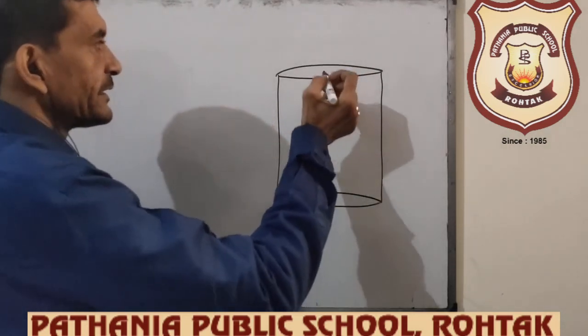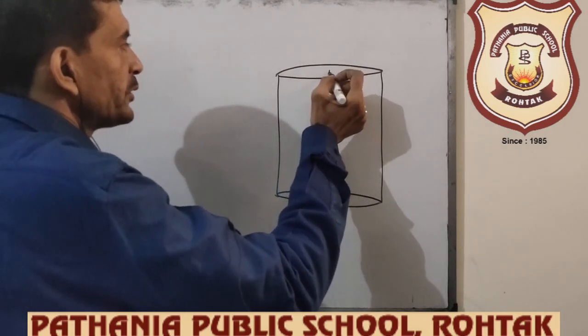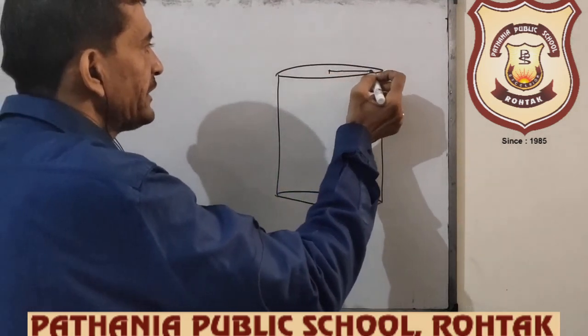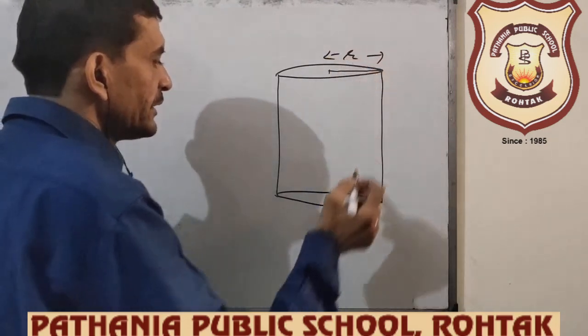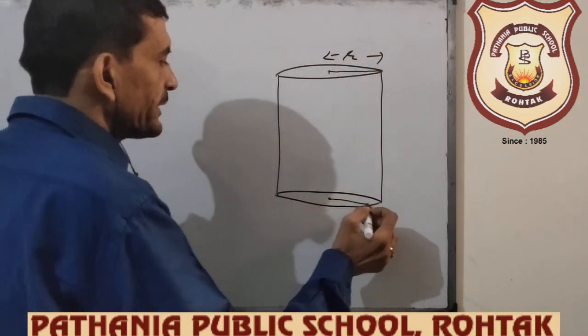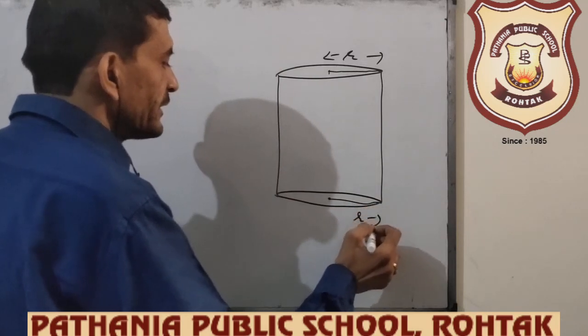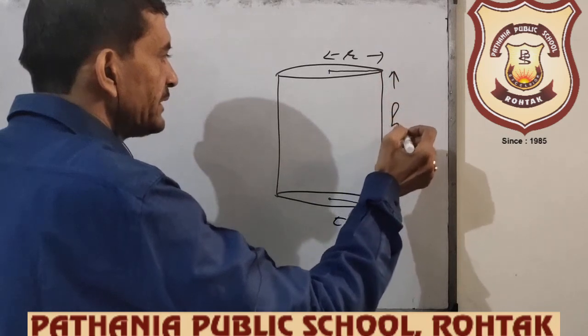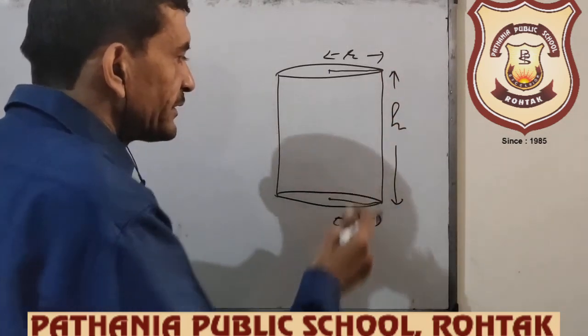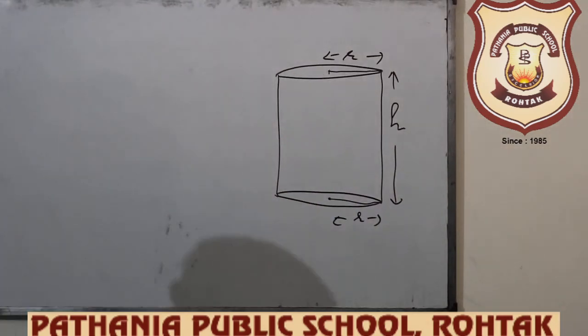It is a 3-dimensional figure. Cuboid is also a 3-dimensional figure. This is the radius of the top, the same radius is at the base, and this is the height of the cylinder. If it is horizontal, then it is called length.